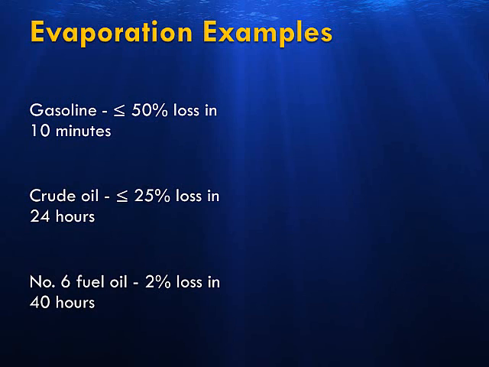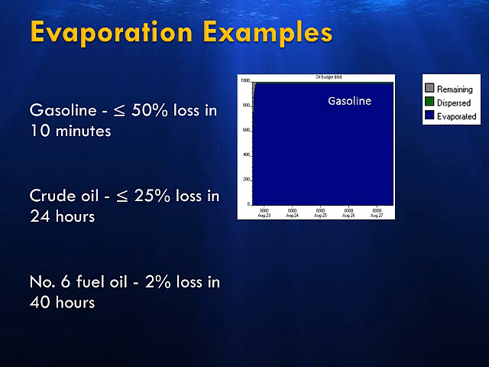Louisiana crude you might lose more from evaporation because it has a higher proportion of lighter ends, for instance. Some of your heavier fuels, you may lose some, but not nearly as much, and it will take much longer. It doesn't take much for gasoline to evaporate. If there's a gasoline spill, you may not even bother to launch a response because it may be gone before you get there.